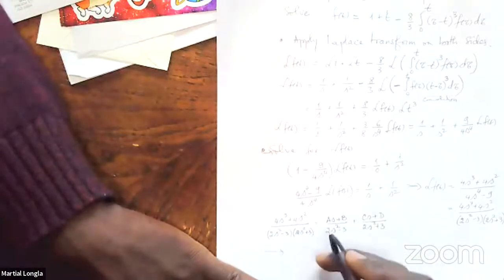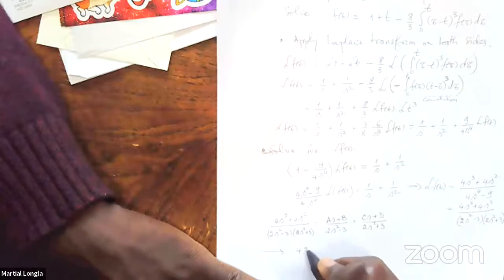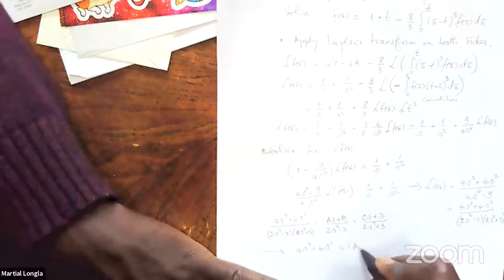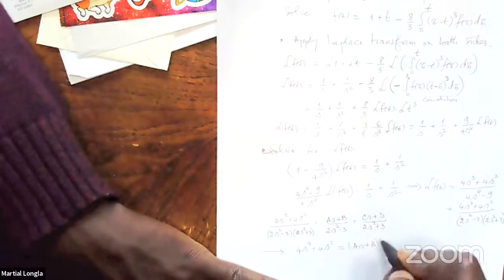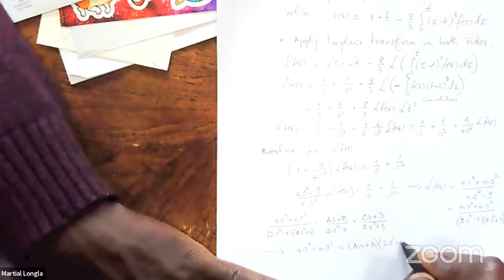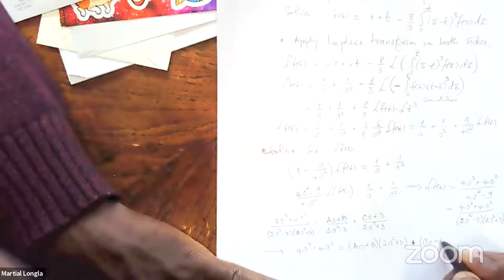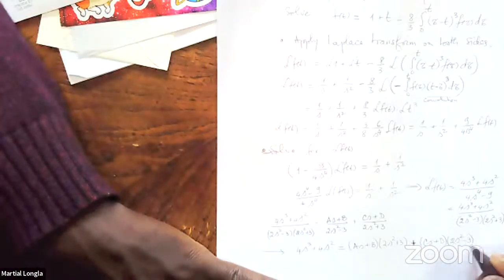That leads to 4s cubed plus 4s squared equals (as plus b)(2s squared plus 3) plus (cs plus d)(2s squared minus 3).